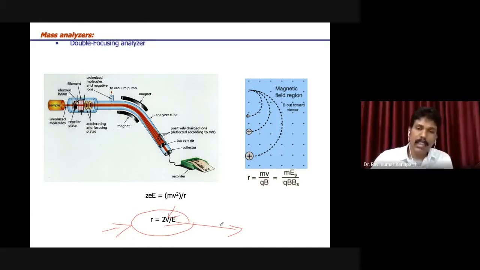That is the advantage of this, and by using this, the sensitivity and also the resolution of the instrument were improved a lot. Resolutions of more than 5,000, or 10,000, up to 1 lakh can be achieved by using more than a single one.